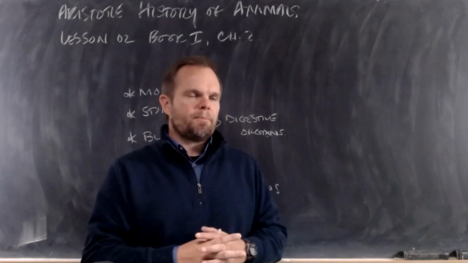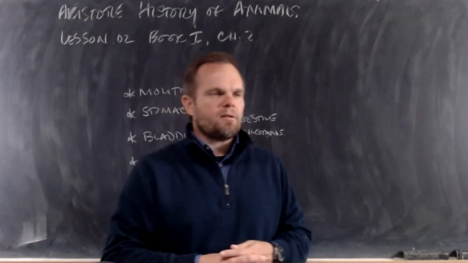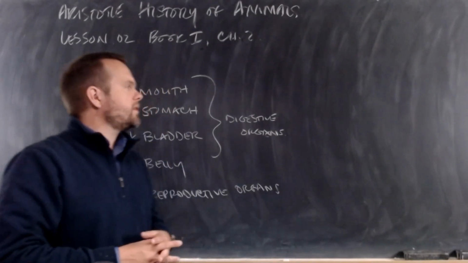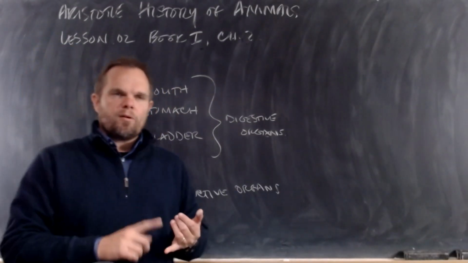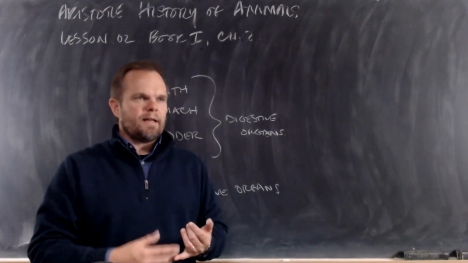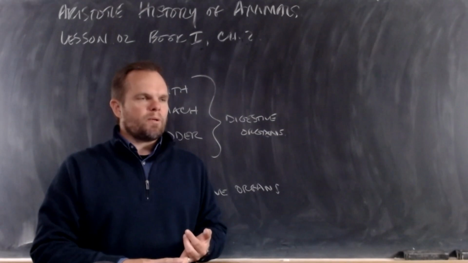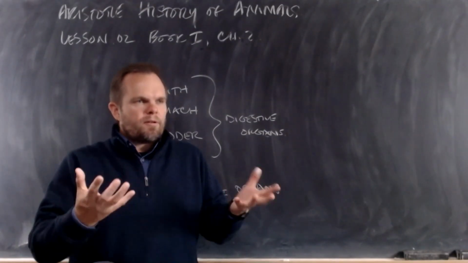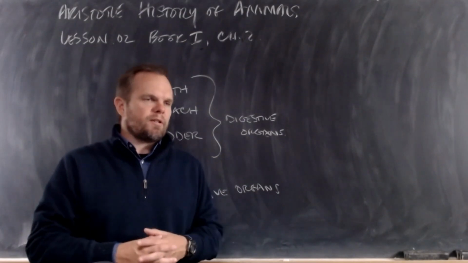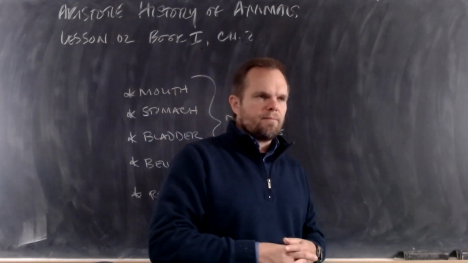And this chapter tells us the most important or most essential parts of animals are the organs or the parts by which they receive and digest and excrete their food, and the parts by which they reproduce. Those are the most essential parts of animals, and they're the first parts that we should consider and study if we want to understand animals, right?